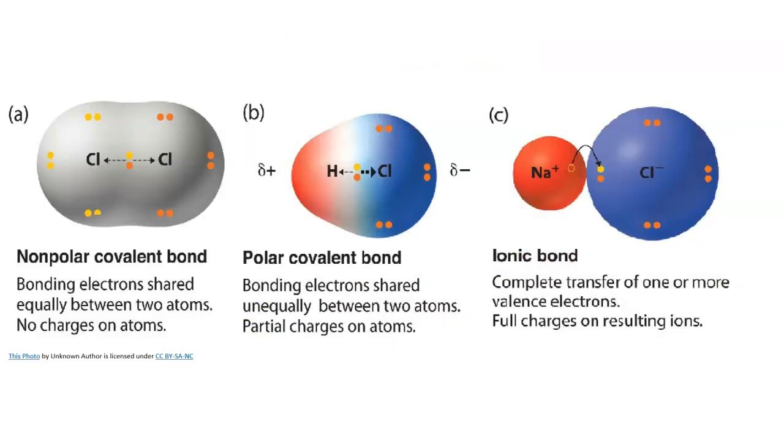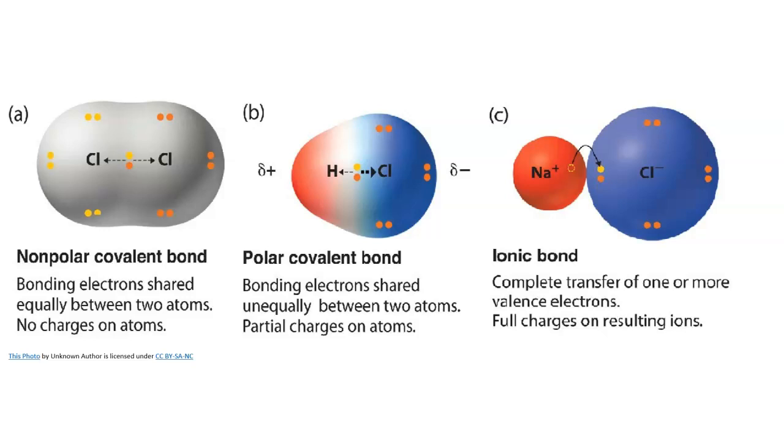So if we're talking polar covalent bonds, when two atoms share electrons in a covalent bond, they don't share them equally if one is more electronegative than the other. They kind of play tug of war. It results in the more electronegative atom pulling the electrons more strongly toward itself, so it becomes the negative end, or the electron-rich end.